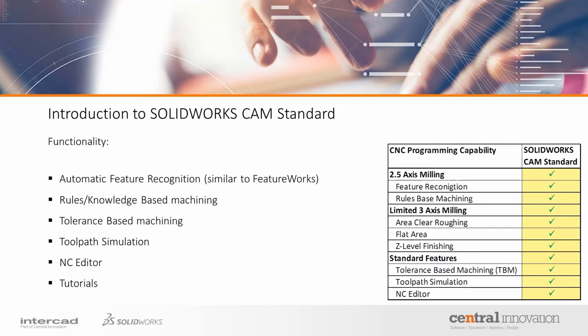There's also tolerance-based machining, and this is based on the tolerances that might be applied in the model. So if you use DimXpert tolerancing, or if you apply surface finish detail to the model, then SOLIDWORKS can use those details to set up that tolerance-based machining. We won't actually cover that today. That's probably a topic for another webinar.